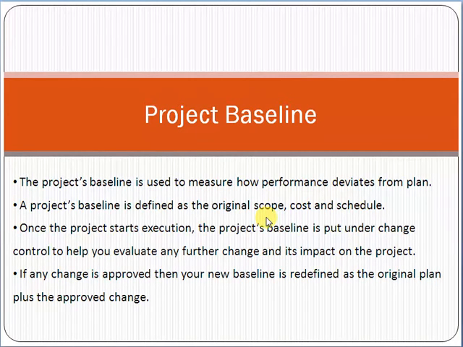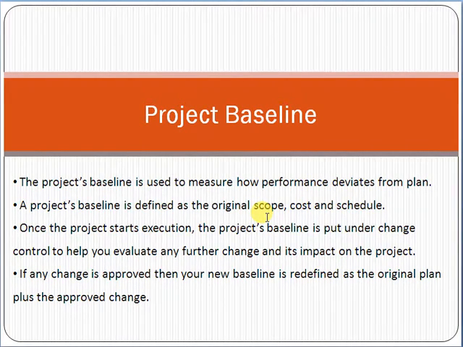For example, at some later stage, after a few months, you recognize that the project cost is now $6,000 and 6 months have passed. So you have deviated from the original cost and schedule, because the original cost was $5,000 and you have spent $6,000.